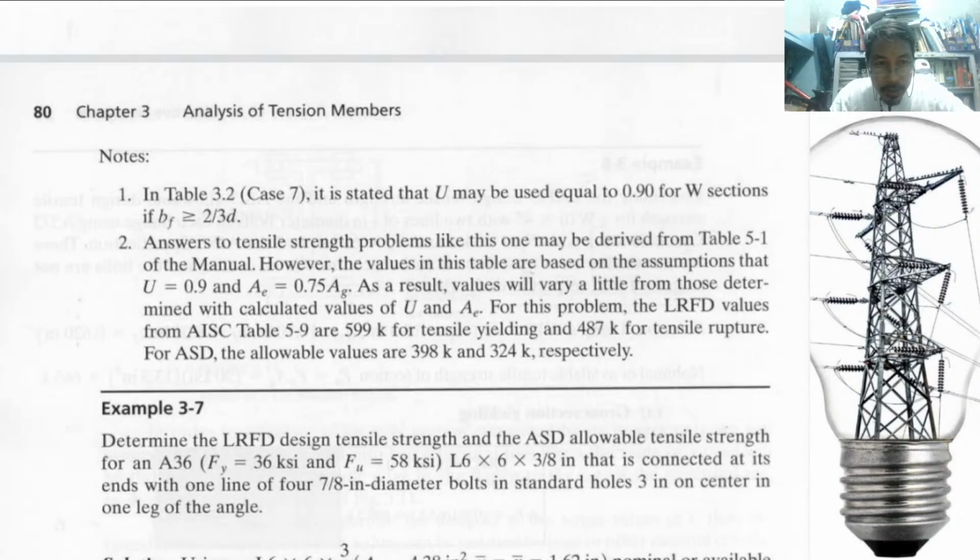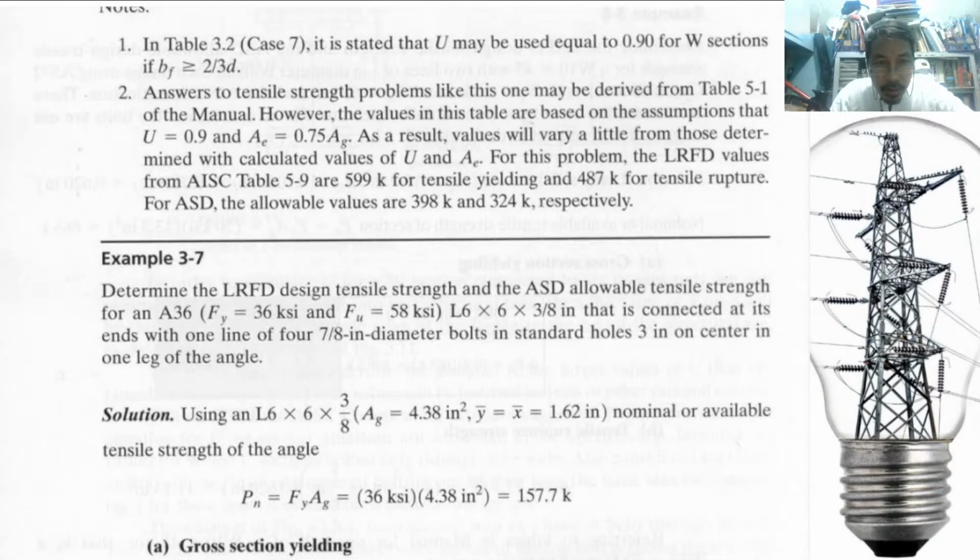So what we can conclude about this, in table 3.2 case 7, it is stated that U may be used equal to 0.9 for W sections if, so that is what we used, flange is equal or greater than 2/3 D. That's why we computed 2/3 D.